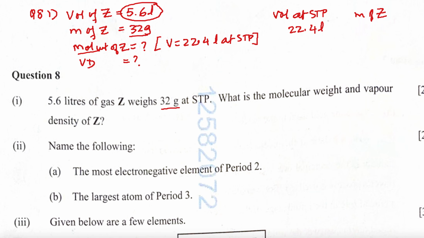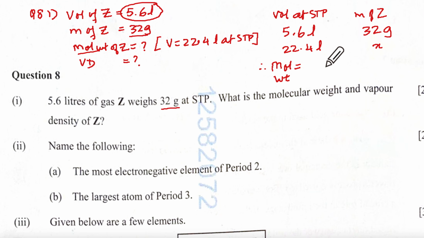I have to find the weight of 22.4 liters. So I take the volume as 5.6 liters at STP and the mass as 32 gram. If it is 22.4 liters, then X. The molecular weight is going to be equal to X, because X is the mass of 1 mole, meaning 22.4 liters of it.